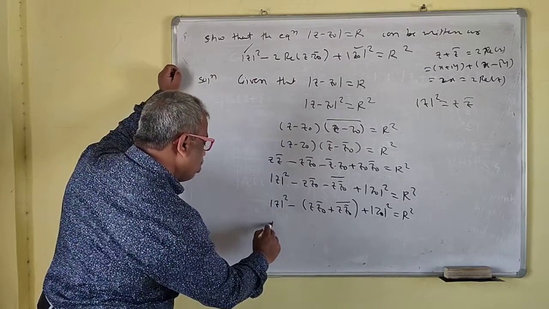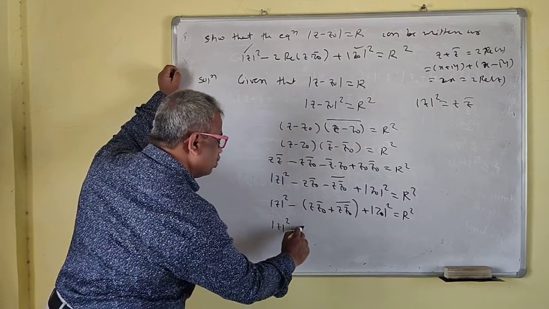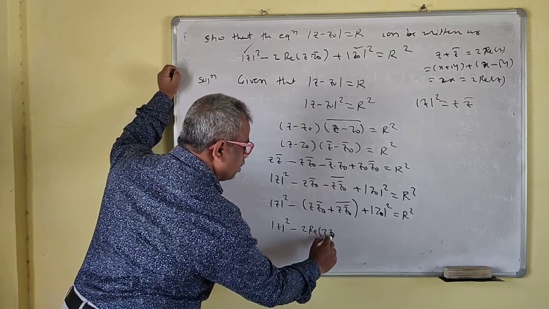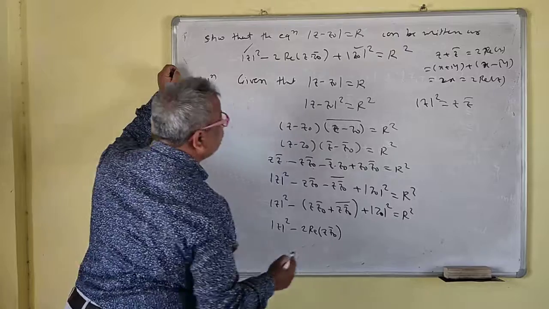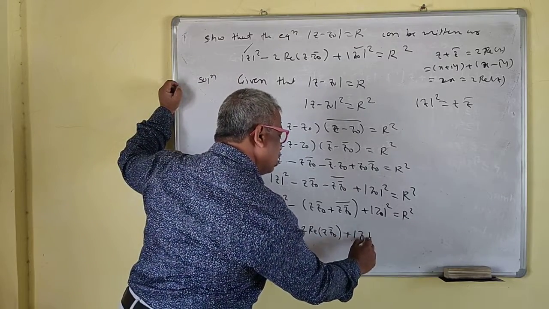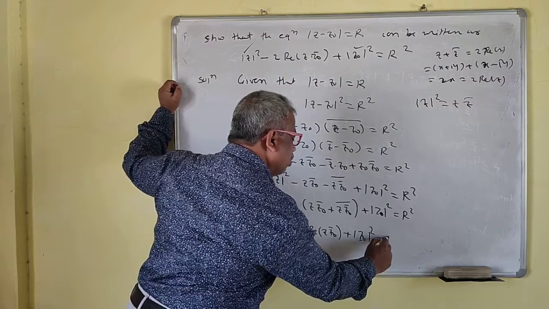So this is mod of z square minus 2 times the real part of the complex number, where your complex number is z into z naught bar, plus mod of z naught square is equal to r square.